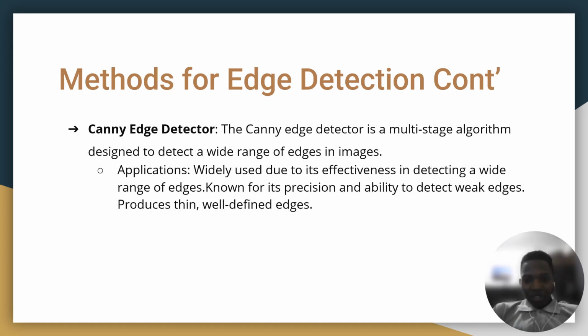It's known for its precision and ability to detect weak edges and produces thin and well-defined edges. As you can see, certain methods are not very good at finding thin or properly defined edges. But certain ones like the Canny edge detector are able to use these multiple-stage algorithms to determine even the weakest of edges.